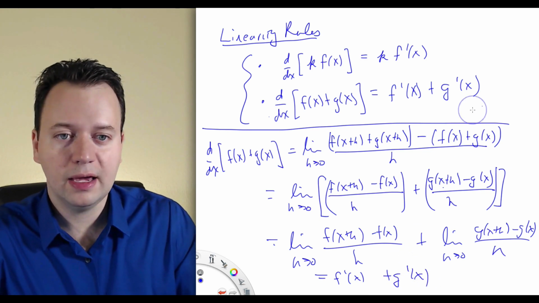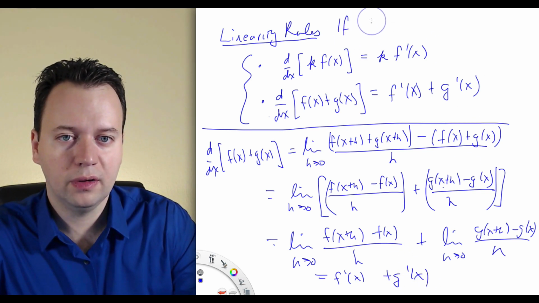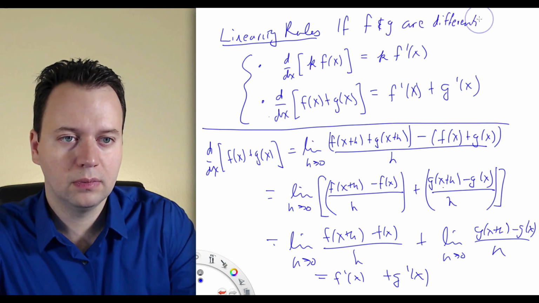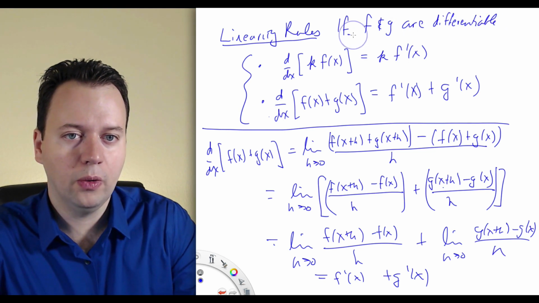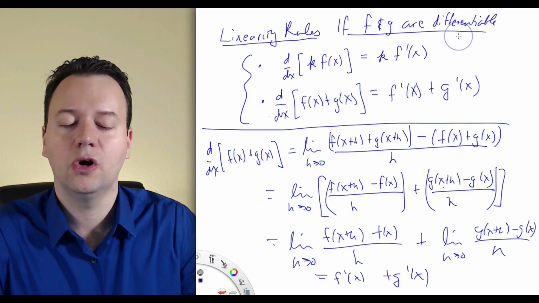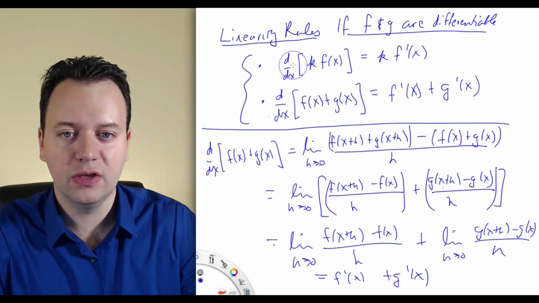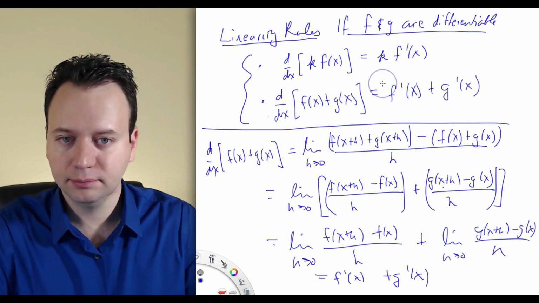So the caveat here is that f and g are differentiable. In other words, if the derivatives are defined at a given point, if f prime and g prime are defined, then these two rules hold, like that.